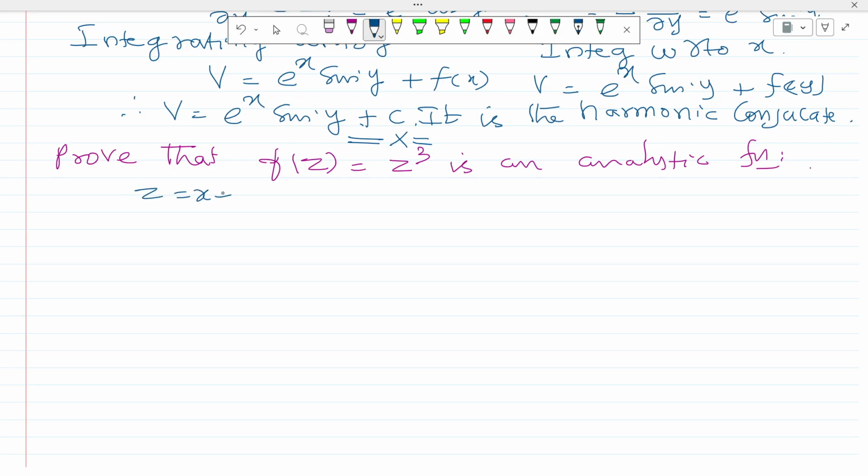Z equal to x plus iy. Then f of z equal to x plus iy whole cube.